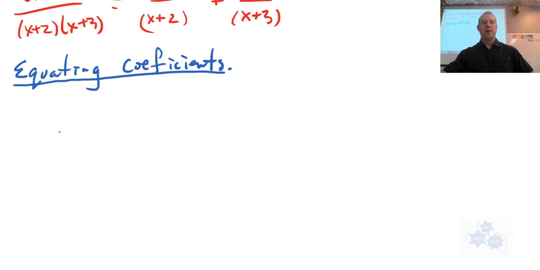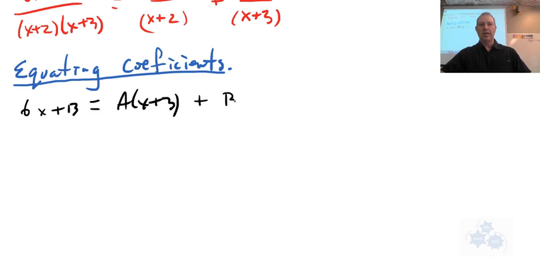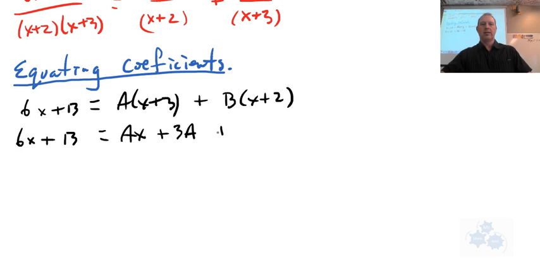Well, remember back here when we had 6x plus 13 equals a times x plus 3 plus b times x plus 2, right? So in this one, you want to expand the right side. You don't have to substitute any variables here just yet. So this is going to be ax plus 3a plus bx plus 2b.